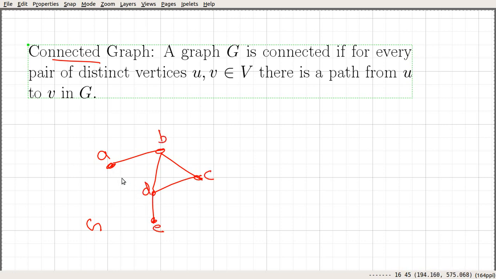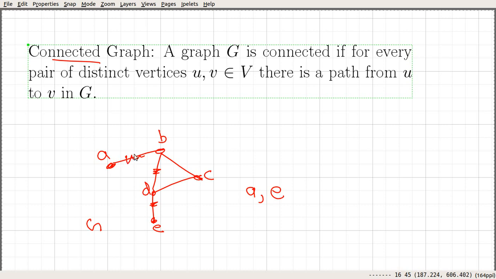In this case, if you consider these two vertices A, E, you can find a path between A and E. One such path is A to B followed by B to D, D to E. This is one path. You can also find many different paths here.